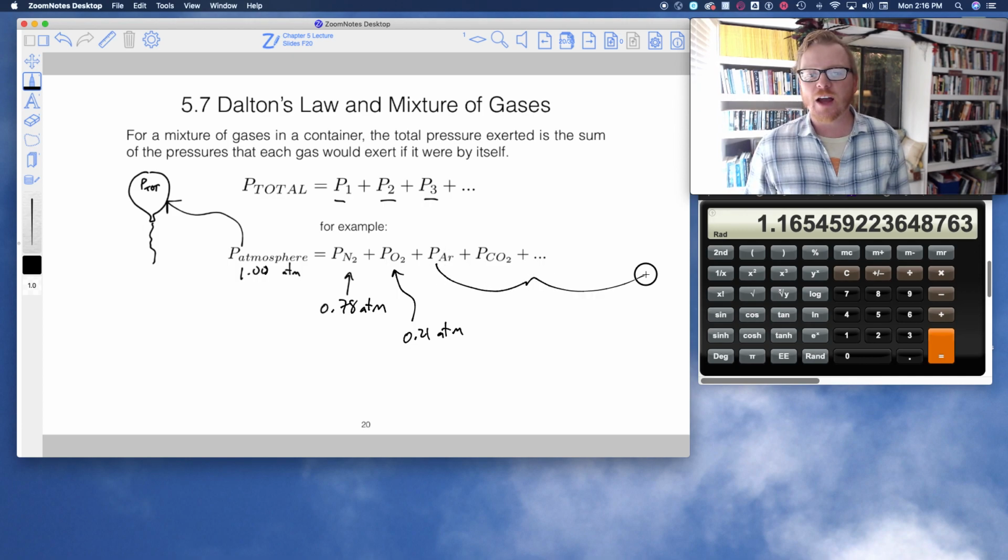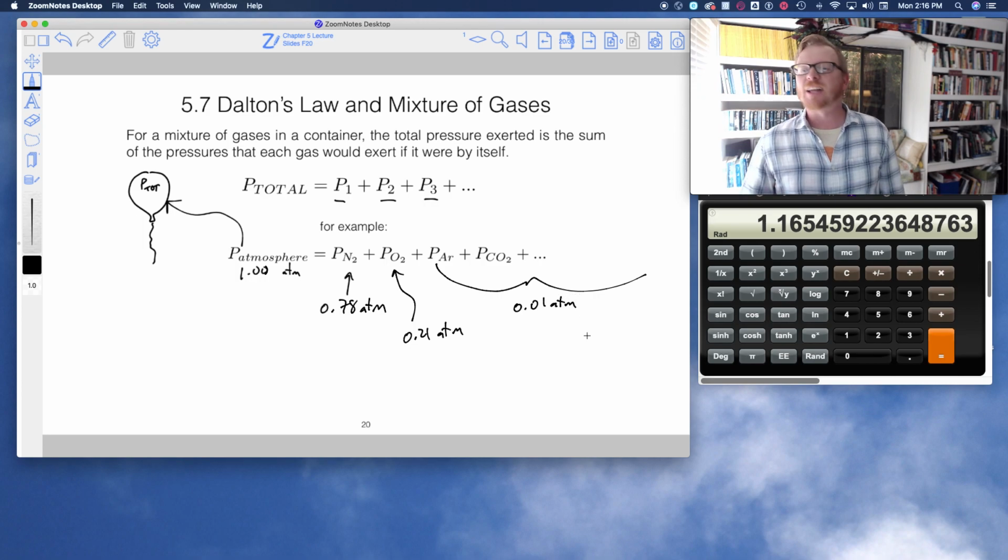All of the other stuff in the atmosphere, the argon, the carbon dioxide, the water, all that other stuff contributes about 0.01, okay? And that's why I took away one significant digit, right? If I had 3 sig figs, then I would actually start to see more precise numbers for all of these other things, okay? But in any event, the pressure that we get in the case of the atmosphere is a sum of the pressure of all the other individual components.